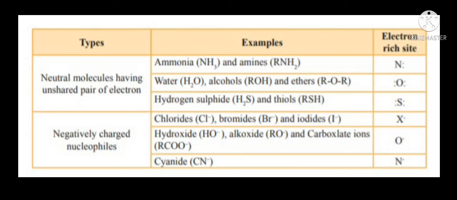The next one, hydroxide HO-, alkoxide RO-, and carboxylate ion RCOO-. Here the electron-rich site is O-. Next one, cyanide CN-. Here the electron-rich site is N-.